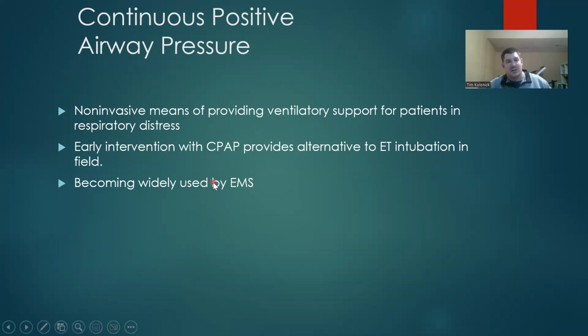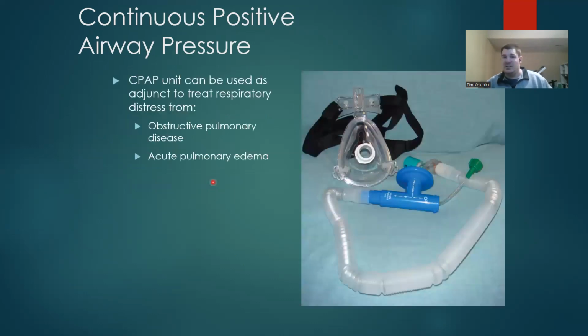It's becoming very widely used in EMS. It is probably the most useful yet least used thing in the ambulance when it comes to somebody in difficulty breathing. Here is a version of it. There are multiple versions out there. You're probably going to see the Flow-Vent or the Flow 2 type thing.